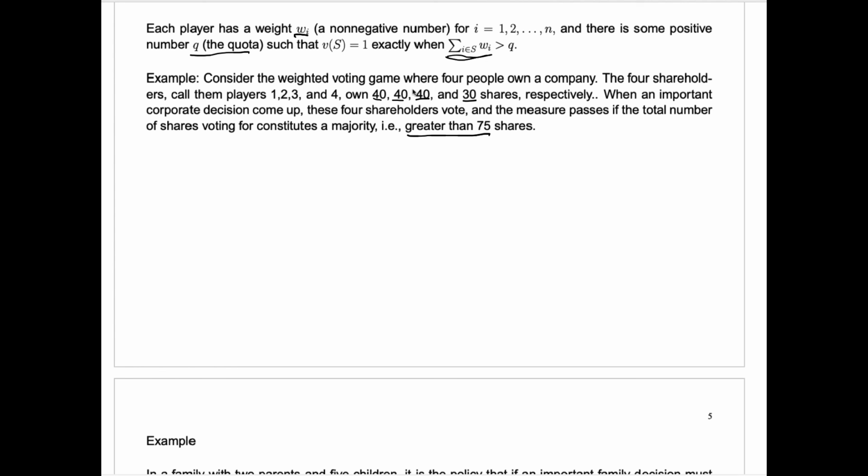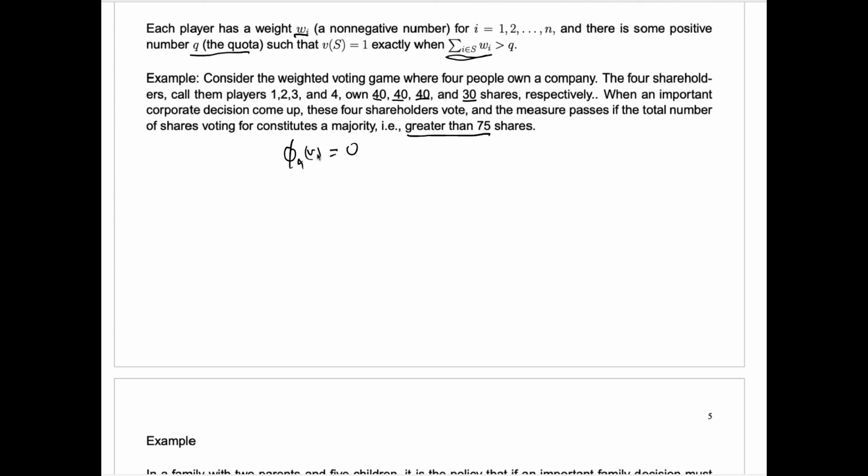So what does that tell us about player 4? Player 4 meets the conditions of the dummy axiom, doesn't add any value to any coalition that's already formed among the others. Well, if player 4 doesn't add any value, then we know that V4 of V must be 0.